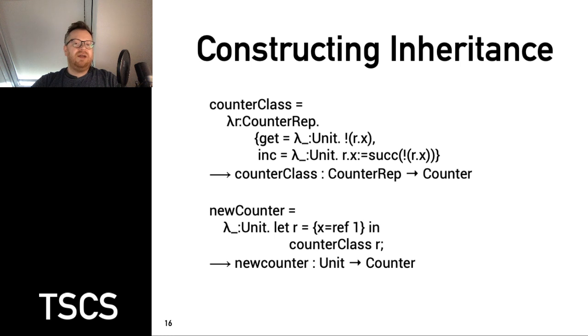And now, instead of just defining the implementation in the object generator itself, we adjust new counter to just have this representation type and all of its initial values, and then call counter class with R. So we just deferred that, if you can see that. We wrap that into a function and defer that a little bit.